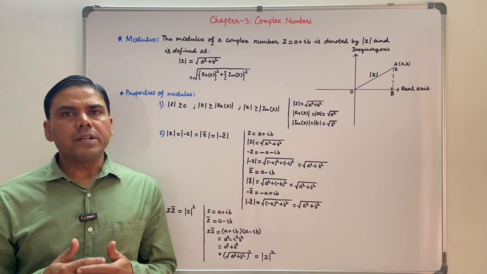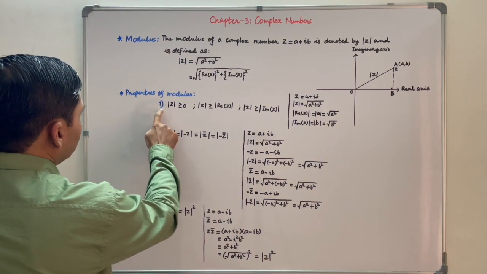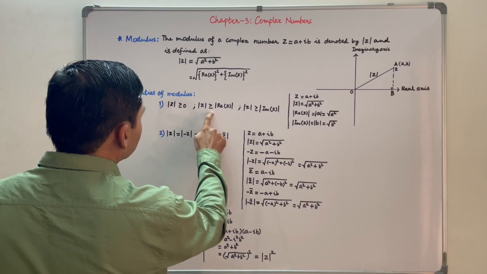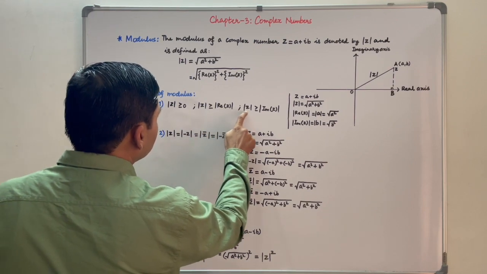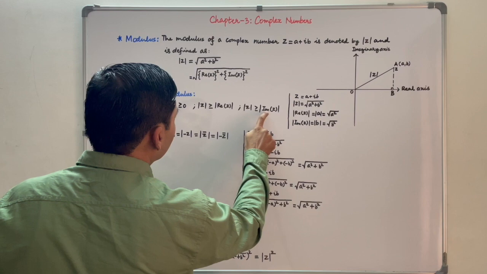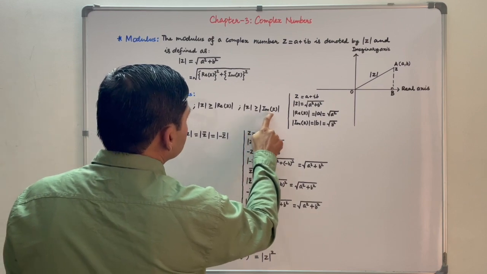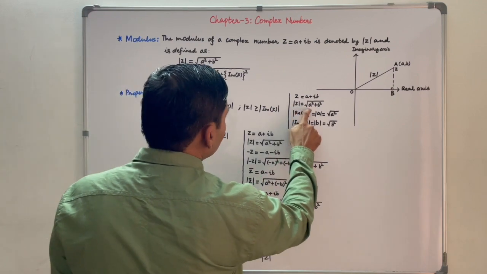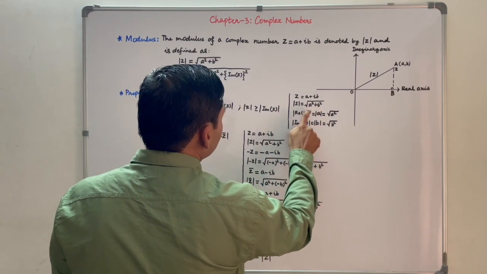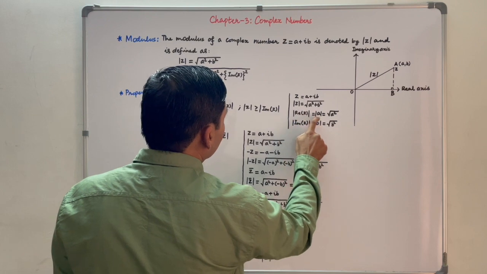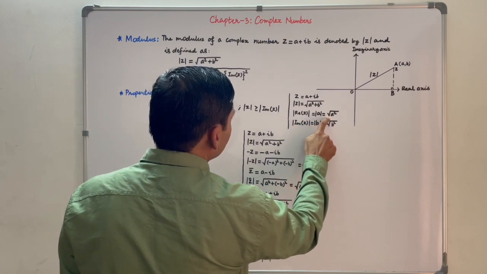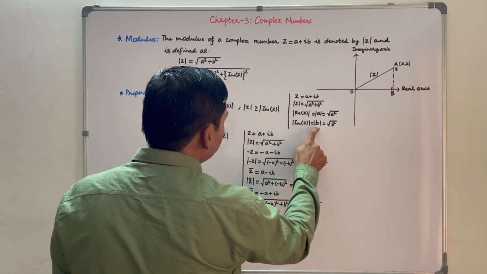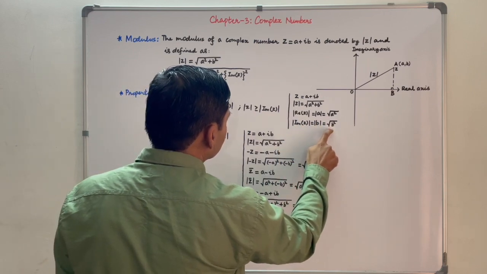Now let us see properties of modulus. First property, mod z is greater than or equal to 0, mod z is greater than or equal to mod of real z, and mod z is greater than or equal to mod of imaginary z. Suppose z is equal to a plus ib. So mod z is equal to under root a square plus b square. Mod of real z is equal to mod of a, and that is equal to under root a square. Mod of imaginary z is equal to mod of b, and that is equal to under root b square.